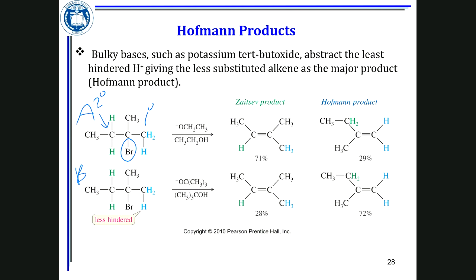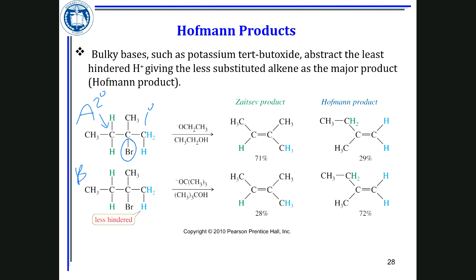So your primary carbon is less hindered, less substituted, easier access. So if it's less substituted, how do we recognize it's less substituted? It has more number of hydrogens. It's attached to less number of carbons. So if any of those takes place, then we know that the hydrogen is less hindered or more accessible.